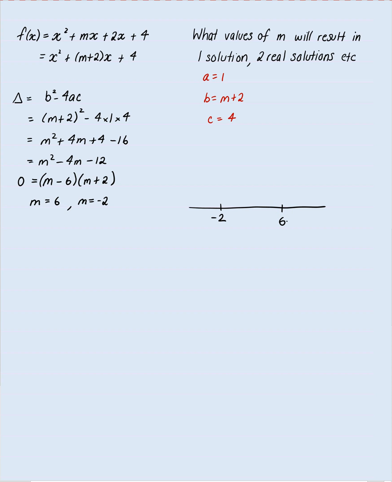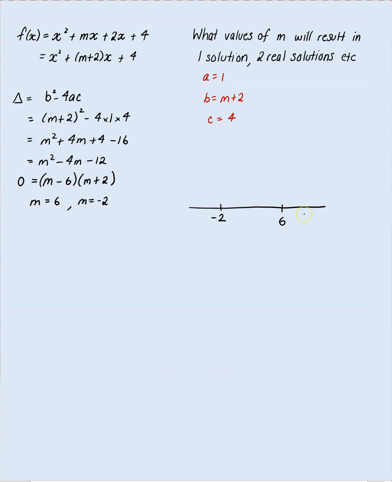And if you look at this, this shows you clearly why we couldn't just say it's just greater than, because if it's greater than minus 2 and greater than 6, you're sort of repeating yourself. If we say it's greater than 2, that means, well, 6 is greater than 2, but we're saying when m is 6, the discriminant equals 0. So how can it be greater than 0 and equal to 0 at the same point? Anyway, let's focus on this.